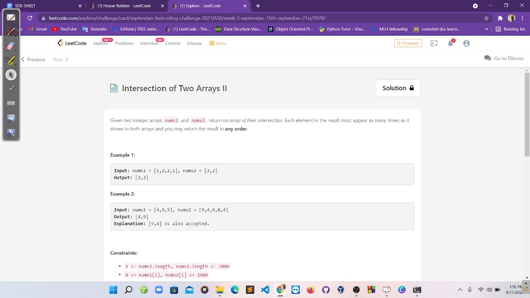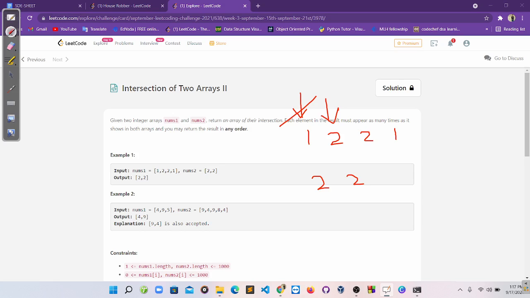The very first approach which comes to everyone's mind: let's suppose we have 1 2 2 1, and the second array has 2 and 2. We check if 1 is present there. No. We come here and check if 2 is present.